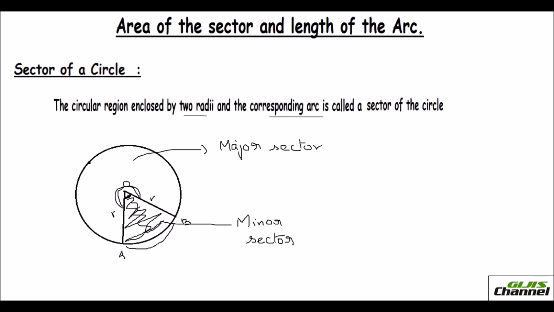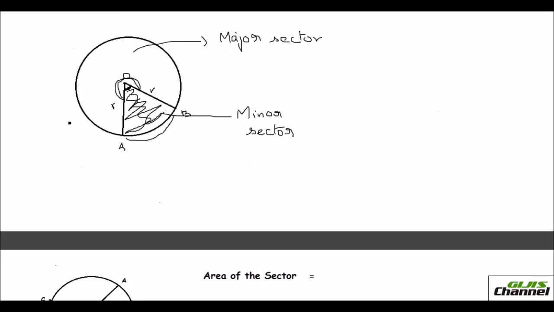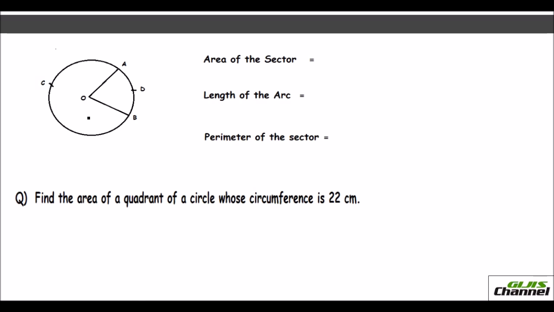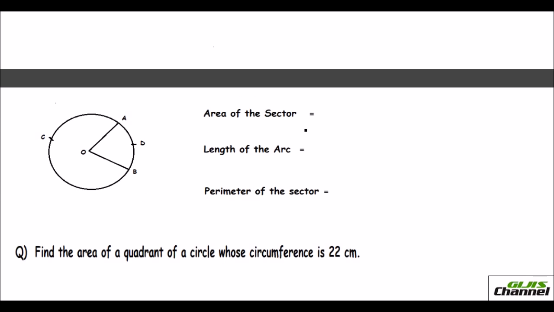You have got a formula for finding out the area of the sector. Here I have drawn the circle again, and I have taken 2 points A and B. So this is an arc made, right? For the area of the sector, it is so simple. The sector is a portion of the whole circle, right? We know that the area of the circle is pi r square.